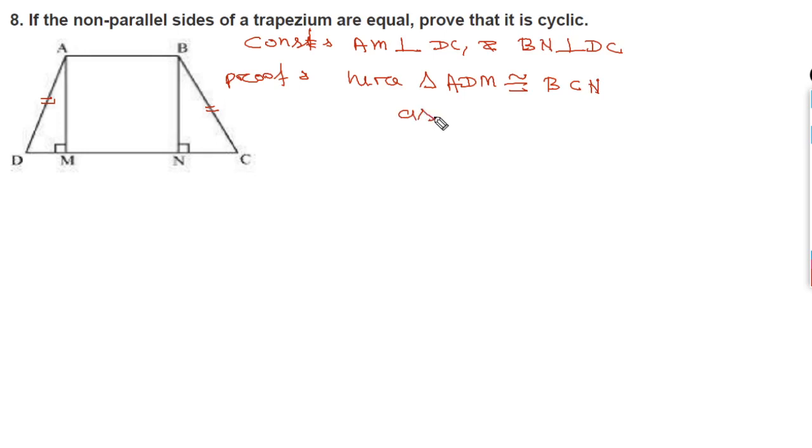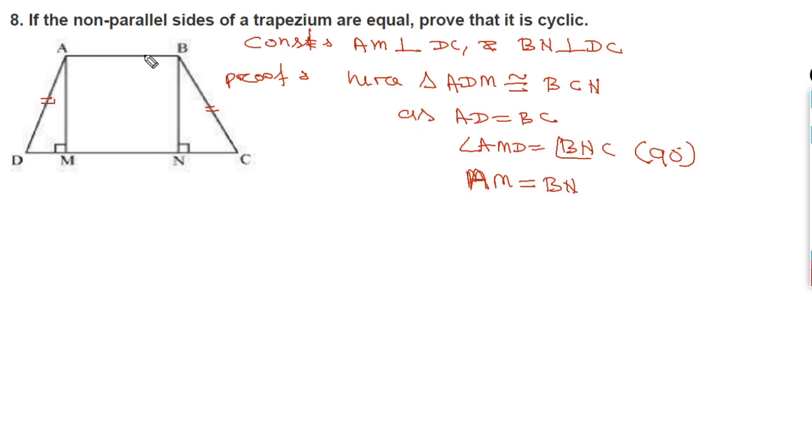As AD equals BC, angle AMD equals angle BNC, which is 90 degrees. Then another thing, AM equals BN.